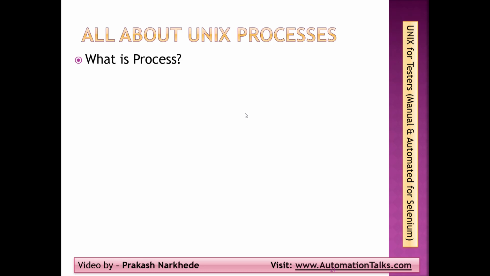Let's take an example. If three people are running the same program simultaneously, it will create three different processes, because the same program is triggered by three different users. So three different processes will get created, not just one.